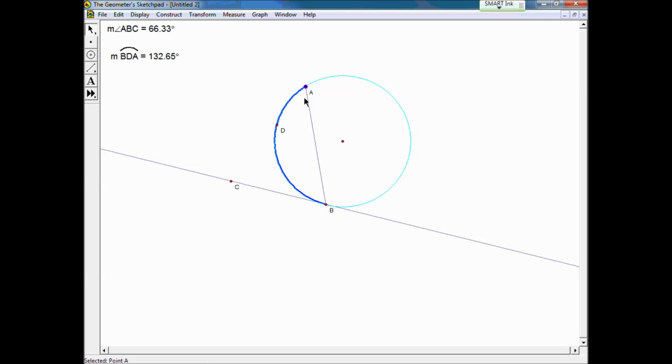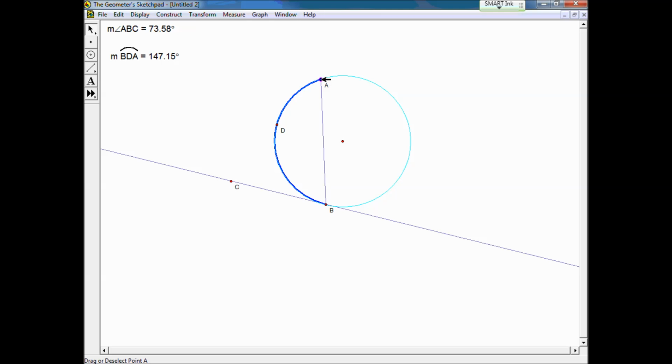Okay, and then we have the angle ABC that's formed with the line of tangency and the chord that makes that arc. Okay, so notice where I put the chord, where I put the arc, the blue part, or the chord, the AB here, that the measure of the arc is always twice as big as this angle ABC.